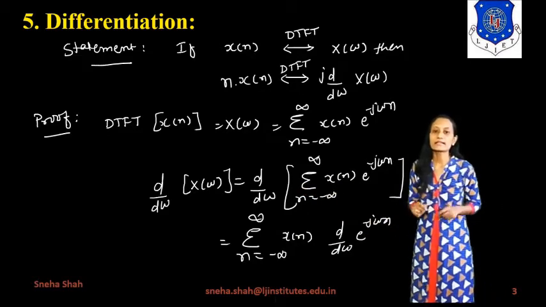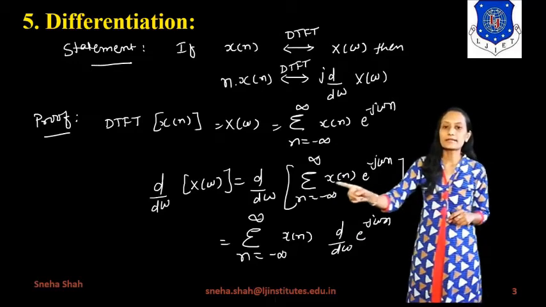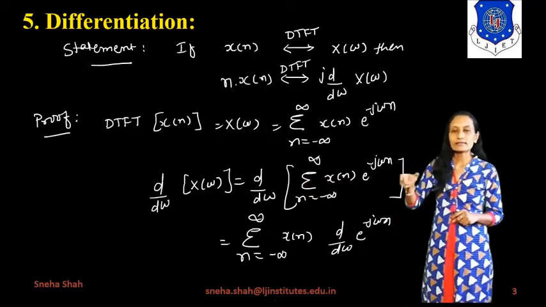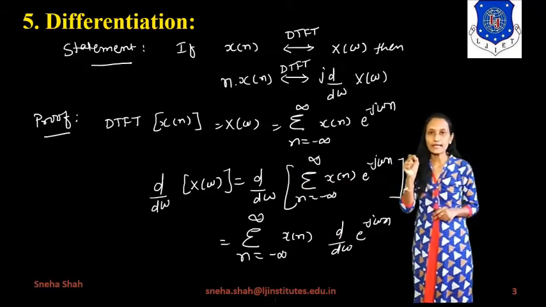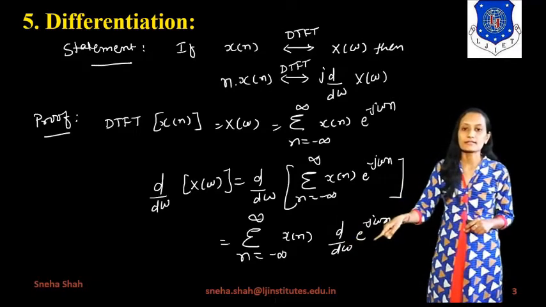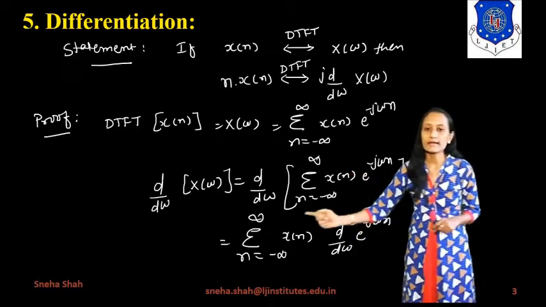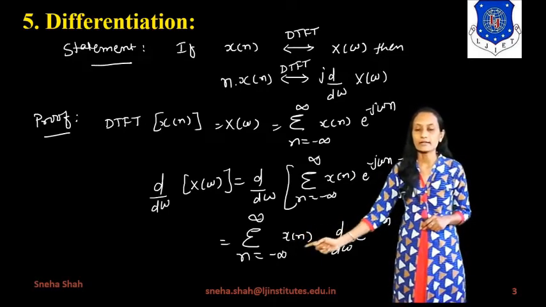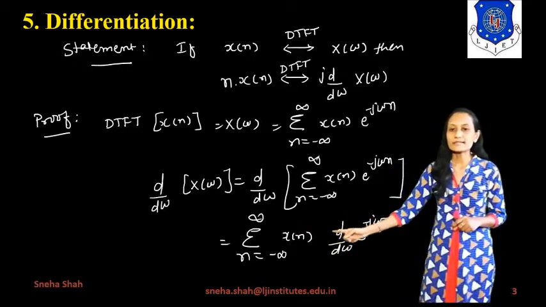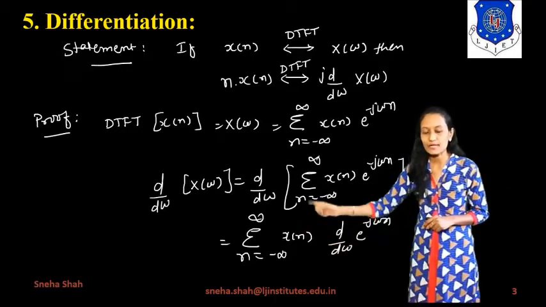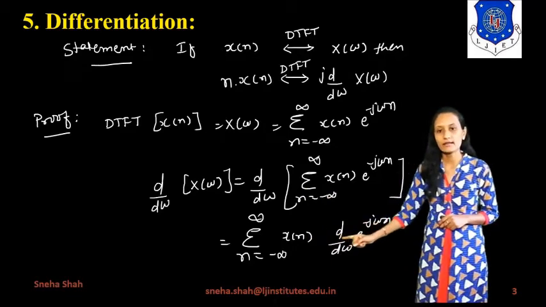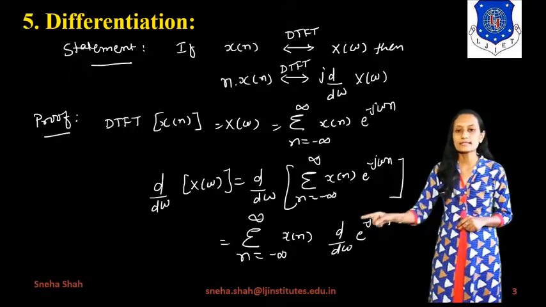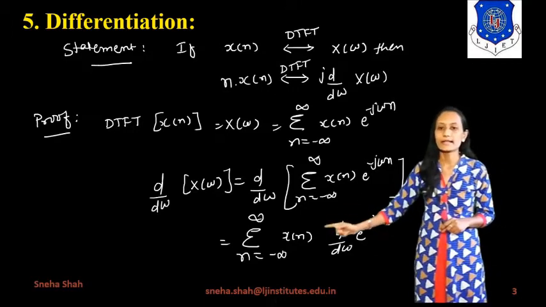After rearranging, whichever term contains omega will be inside the differentiation. x of n is constant, so it will be outside of the differentiation, but inside the summation. So it will be represented as summation n equals minus infinity to infinity x of n d by d omega e raised to minus j omega n, because this term contains omega as well as n.